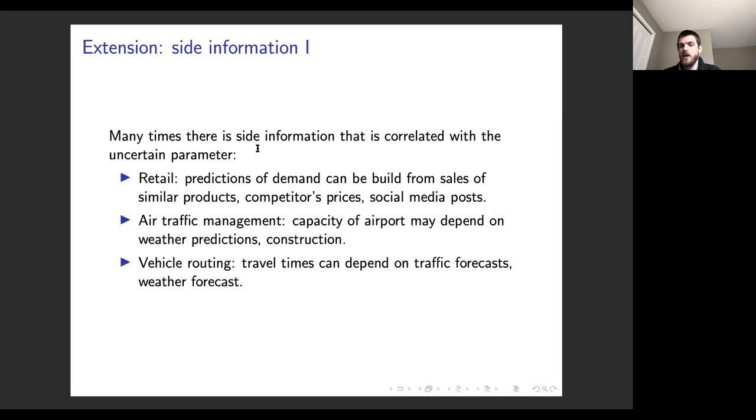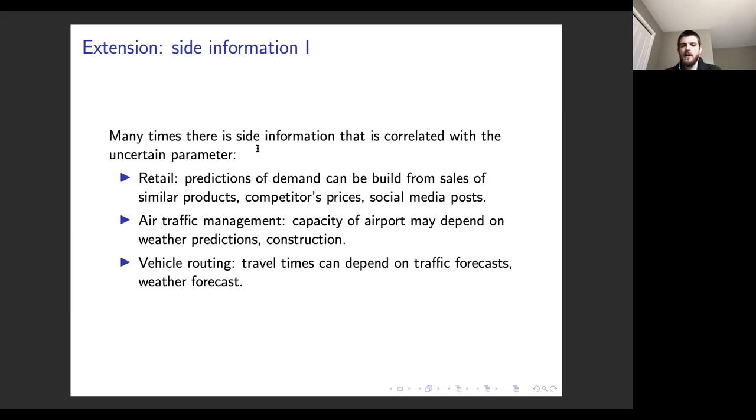Like now you can search social media posts and see how often the product has been mentioned. So in this case, the side information would be data such as sales of similar products or number of social media post mentions and things like that. And so this side information can help you get an idea of what the distribution of the demand is beyond just data on demand itself.